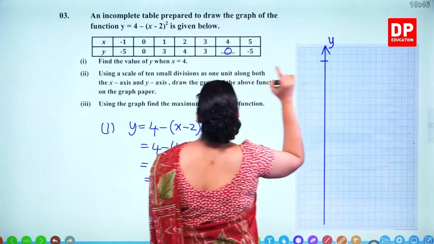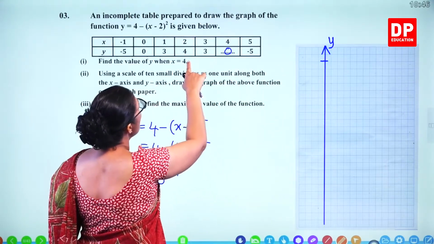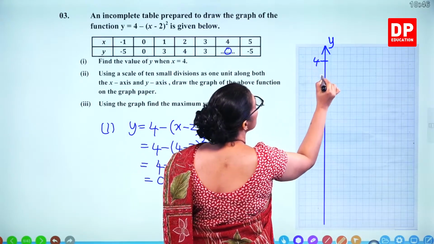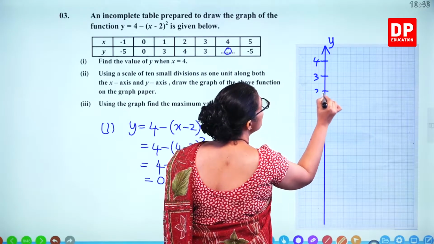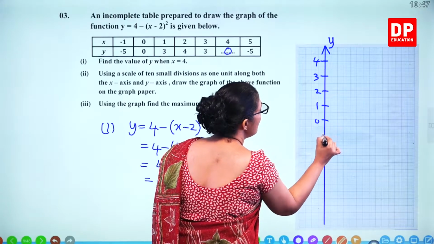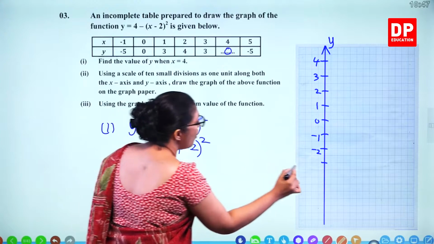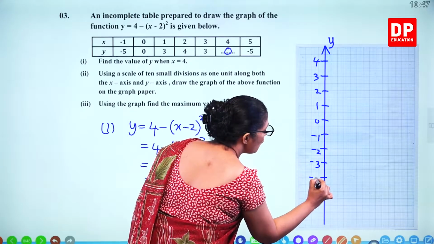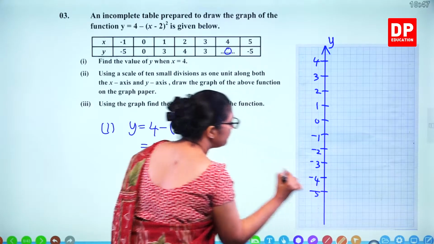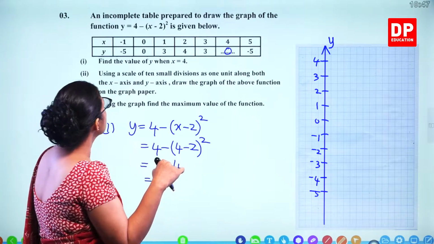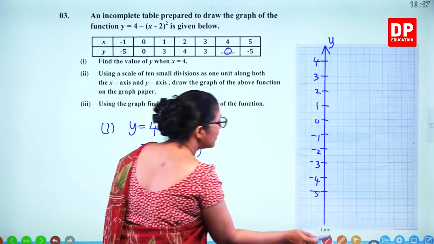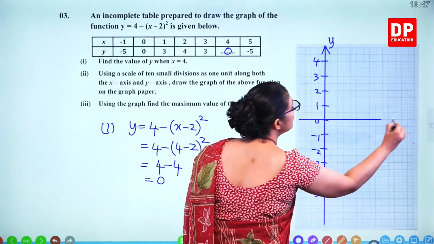So starting from, what's the maximum y value? 4. 4, 3, 2, 1, 0. And minus 1, minus 2, minus 3, minus 4 and up to minus 5. That's the y-axis. What's the x-axis? X-axis here.